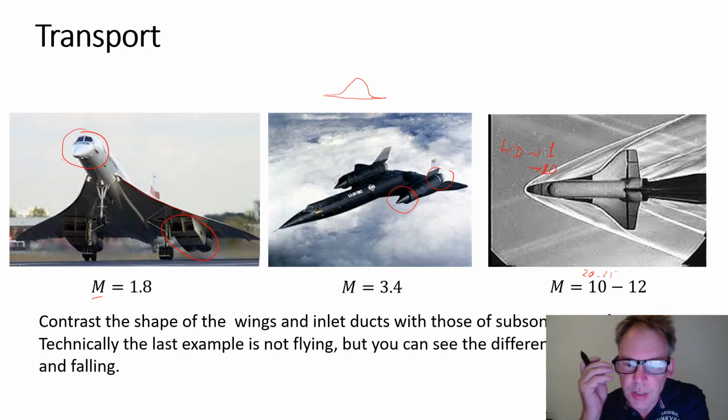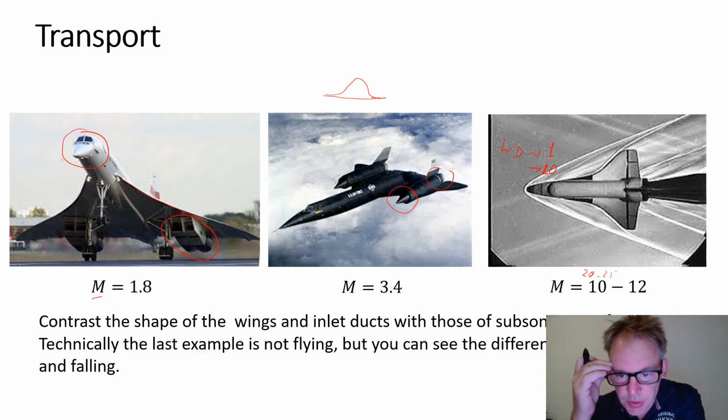Not quite a flying brick, but the Mach number starts off at 20 to 25. It's high because if you're coming in, you look at the Earth's escape velocity, it's about 11k a second.